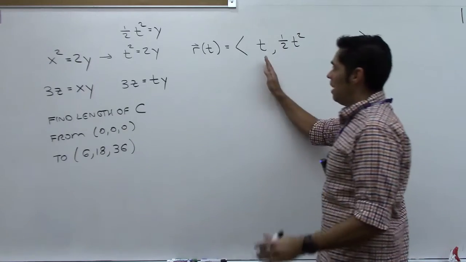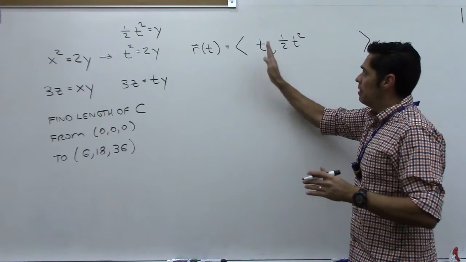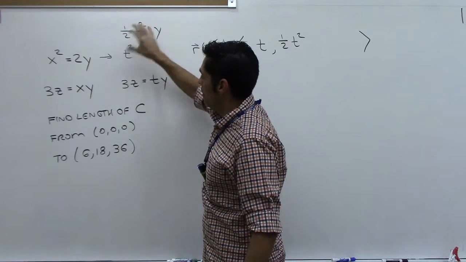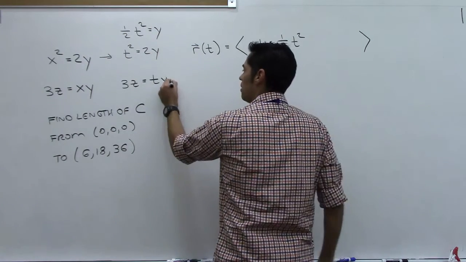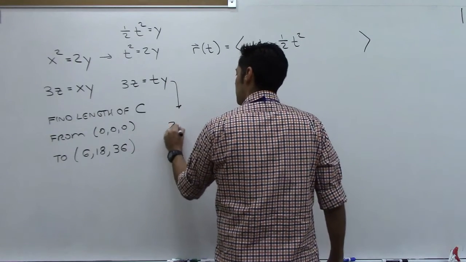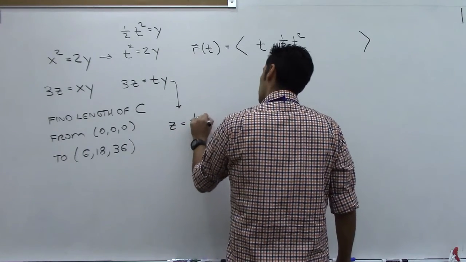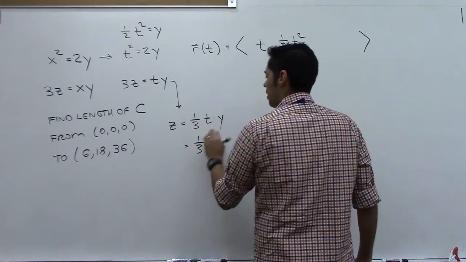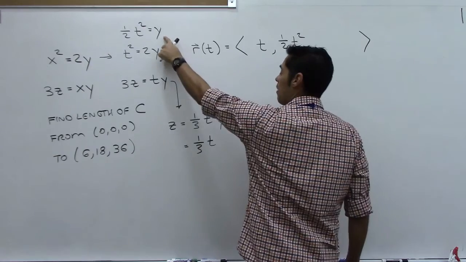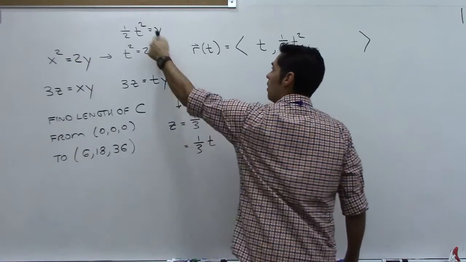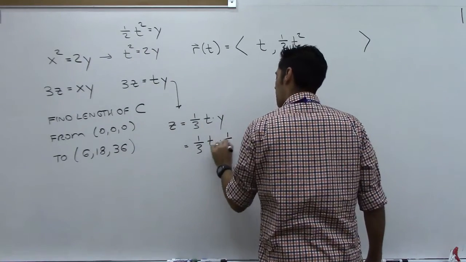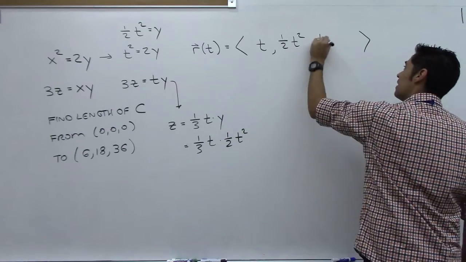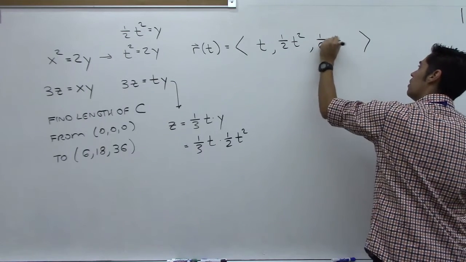So again, if the x coordinate is t, then the y coordinate must be this, and that would make it live on this curve. And now over here, let's solve for z. z is equal to 1/3 t times y, but in order to live on the intersection, this y has to coincide with that y, so I'm going to replace this y with 1/2 t squared. And so what we get is 1/6 t cubed.